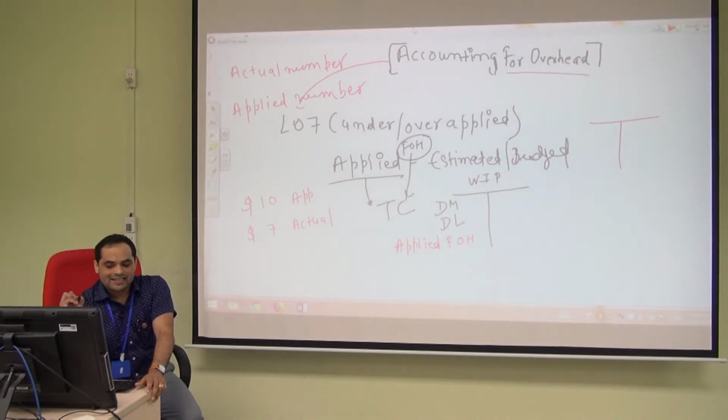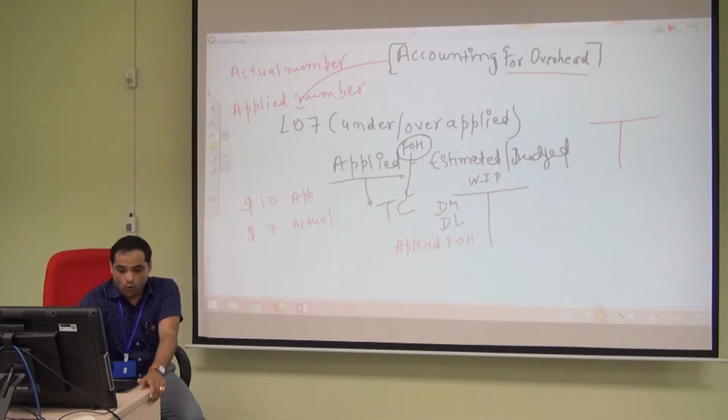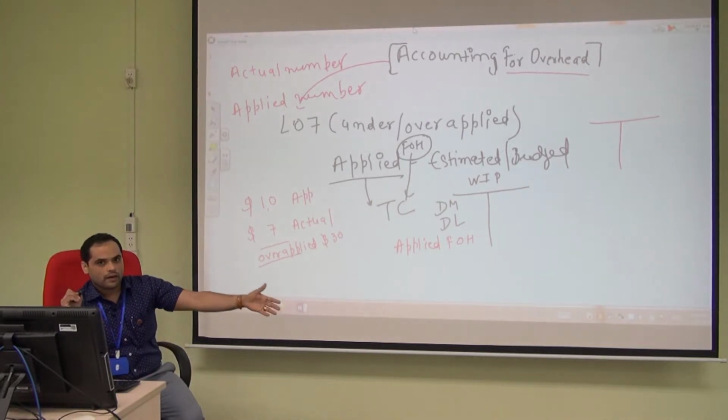So the idea is that applied overhead is more than actual overhead. If applied overhead is more than actual overhead, then your overhead is over applied by $3. Actual is 7, but you used 10, so you applied too much.